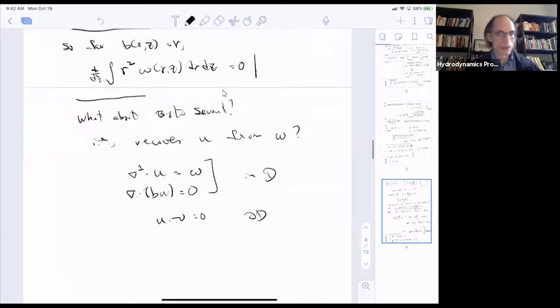And so our general procedure is, we look for a potential for u, and so earlier we wanted u to be curl free, and so we said, well, if it's a gradient, it'll be curl free. Sorry, we wanted u to be divergence free, which if it's a curl, it'll be divergence free. Here we want not u to be, we want b times u to be divergence free.